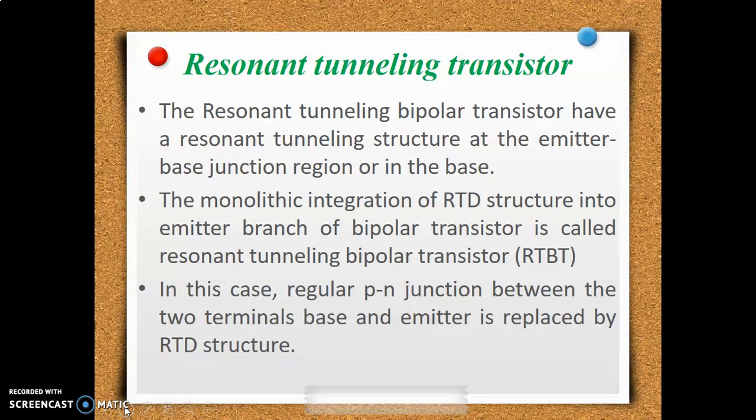The monolithic integration of a resonant tunnel diode structure into the emitter branch of the bipolar transistor is called a resonant tunneling bipolar transistor. They are also called RTTs or RTBT. In this case, the regular PN junction between the two terminals, base and emitter, is replaced by the RTD structure.